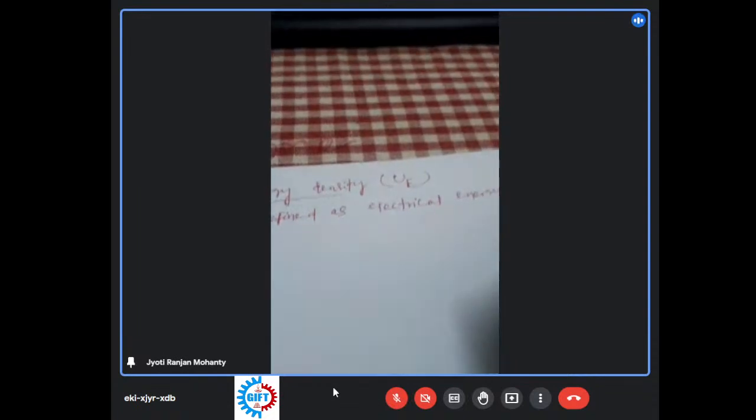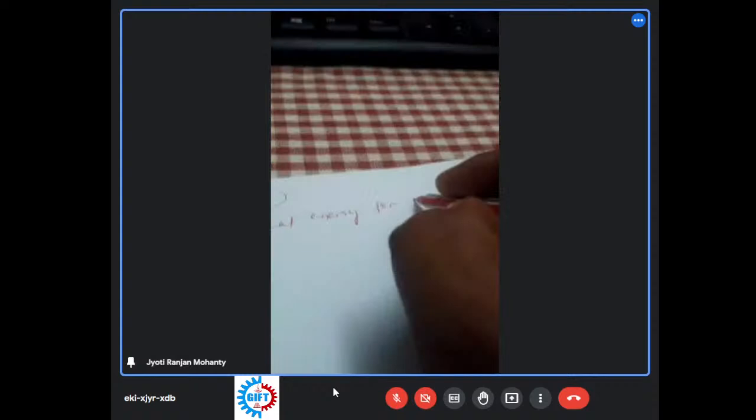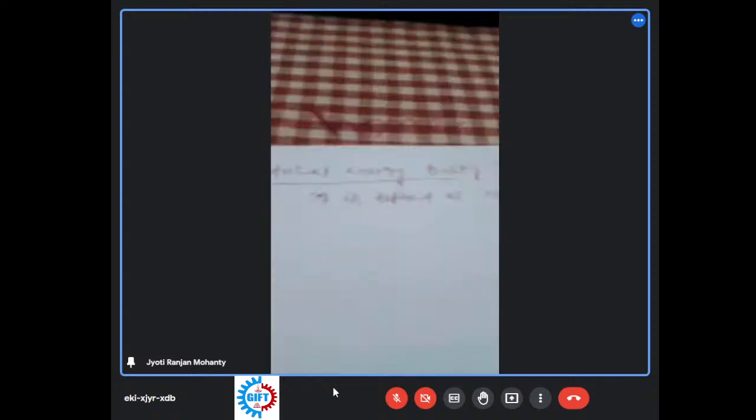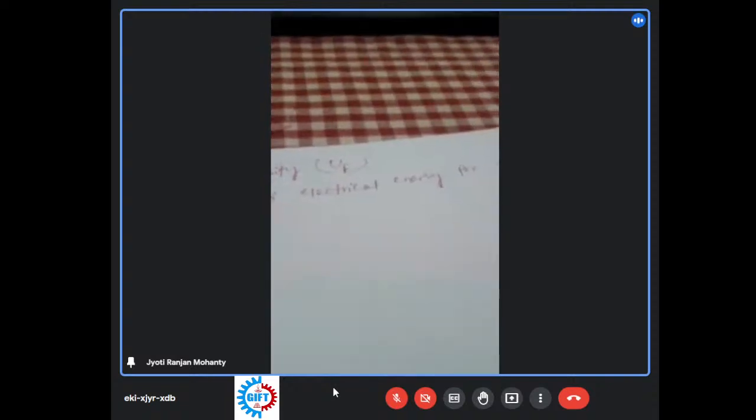It is defined as electrical energy per unit volume.